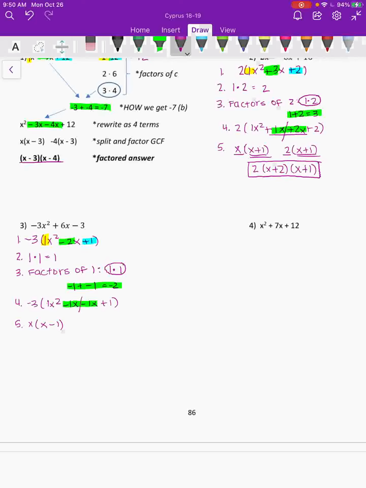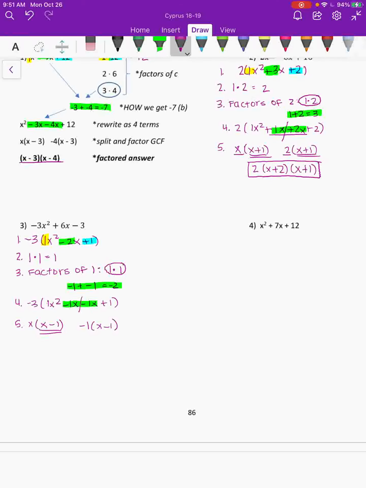On the back end, we have negative 1x plus 1. The greatest common factor here is negative 1, because remember, if that number out front is negative, then your greatest common factor is negative. And then positive 1 divided by negative 1 leaves me with minus 1 in there.